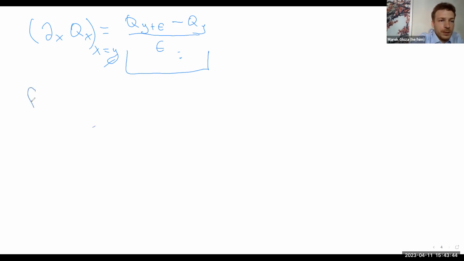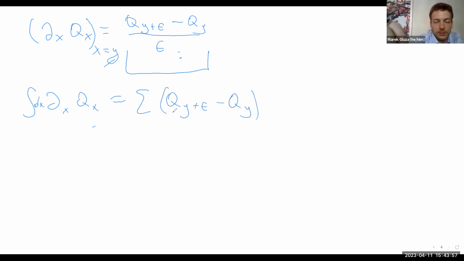So if I'm integrating dx q'(x), then this is equivalent to summing up those differences divided by epsilon.